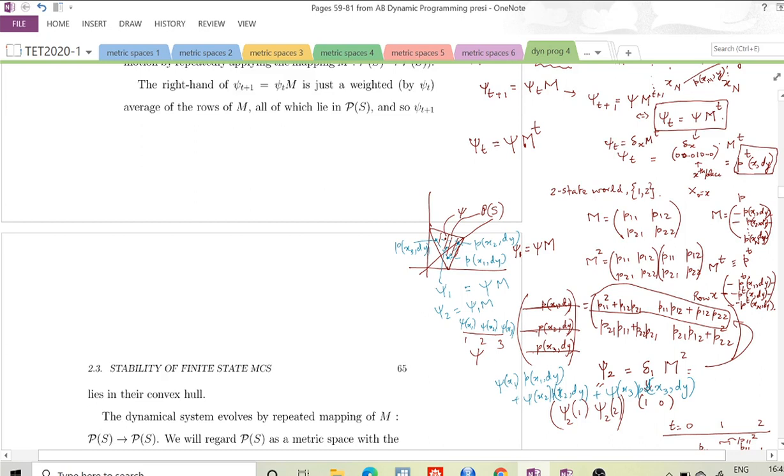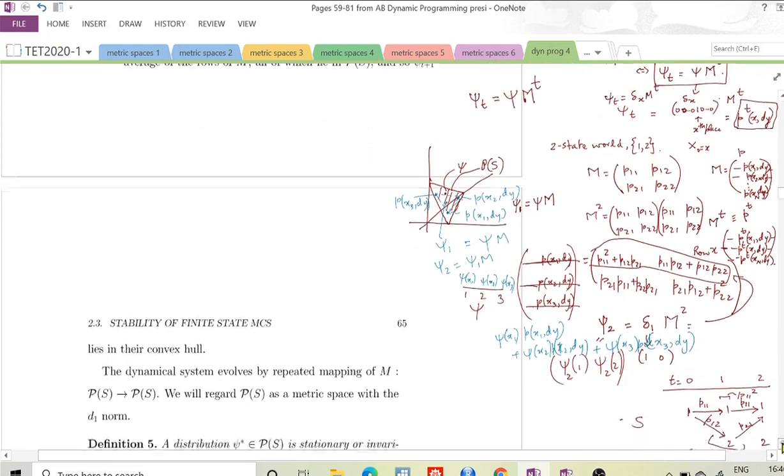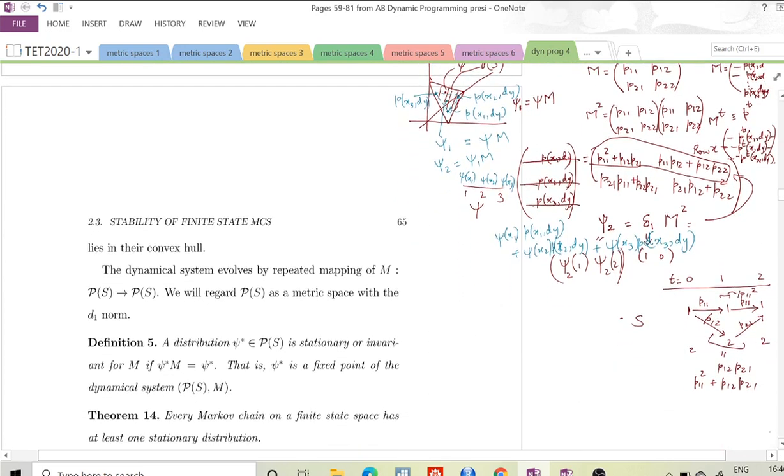Okay, so that's just using a different convex combination C1 on the same three rows of the transition matrix. So that's also going to lie here, and so forth, right? So what is being said in some sense is that I can view the transition matrix M as a function that picks up a distribution from the simplex and gives me a distribution in the simplex.